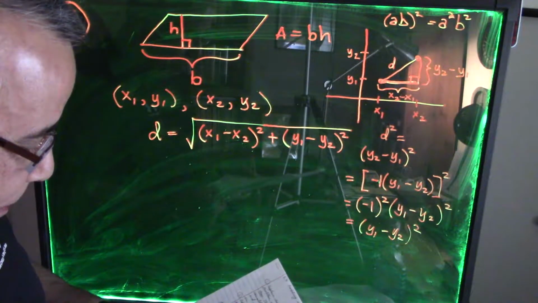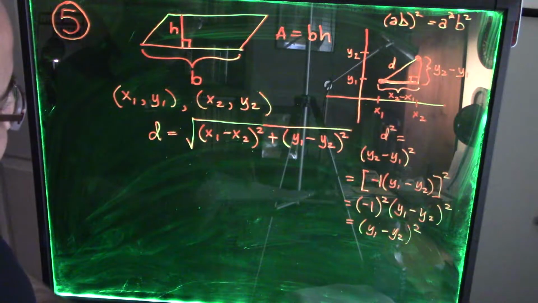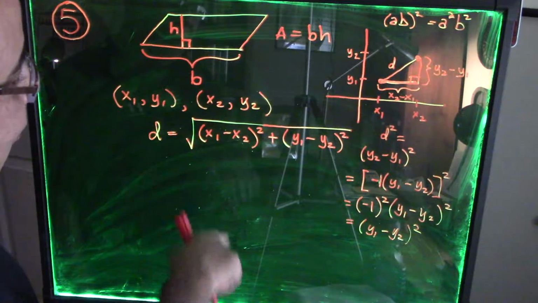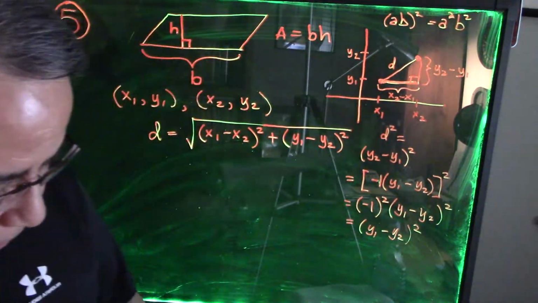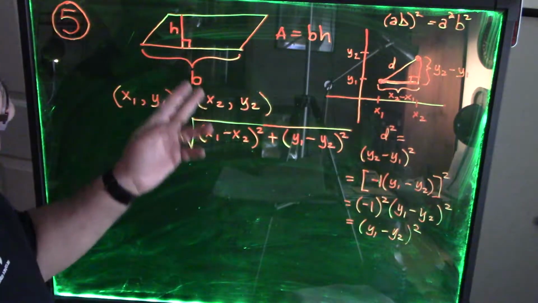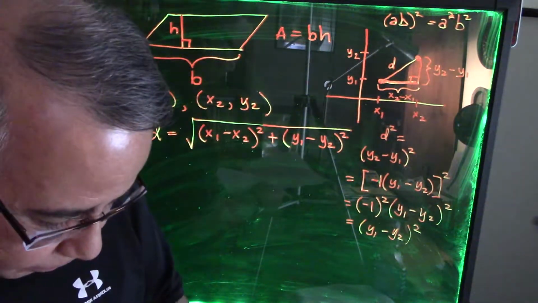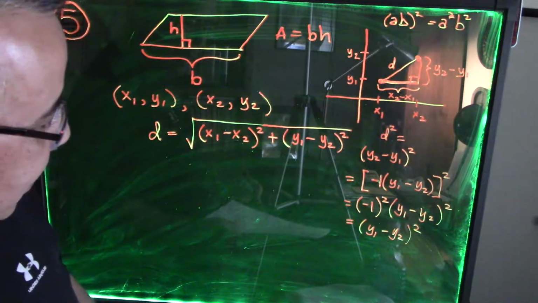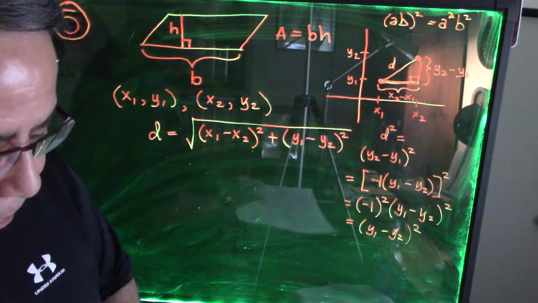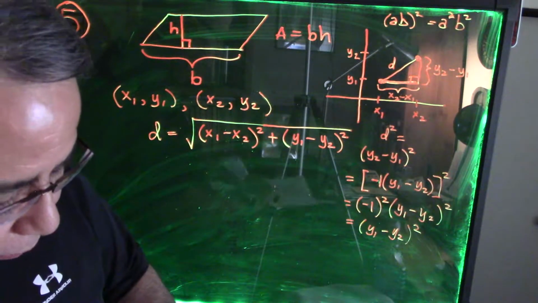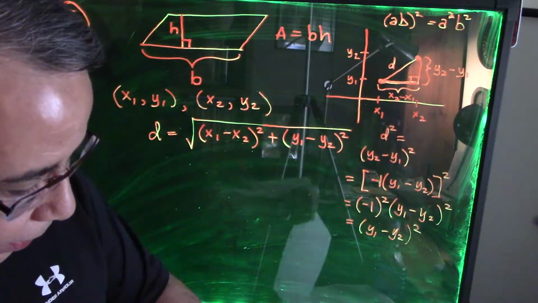So this is the distance formula for the distance between 2 points in a plane. We're going to need these two formulas. And now let's take a look at the situation and come up with a strategy. What do we got here?